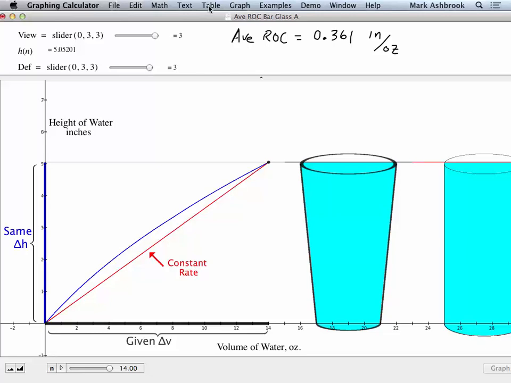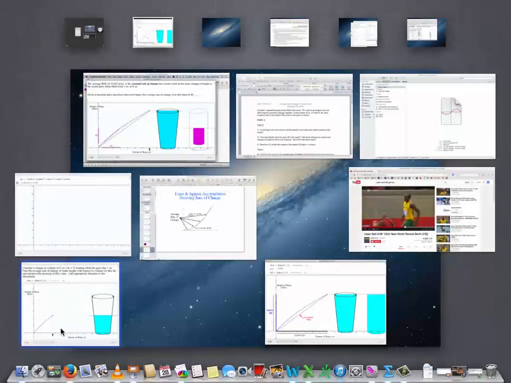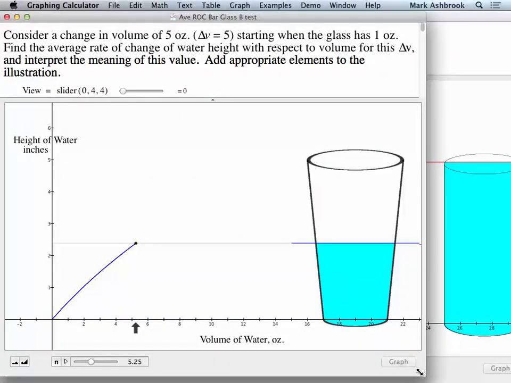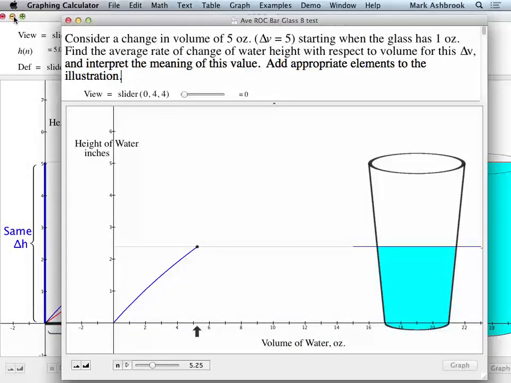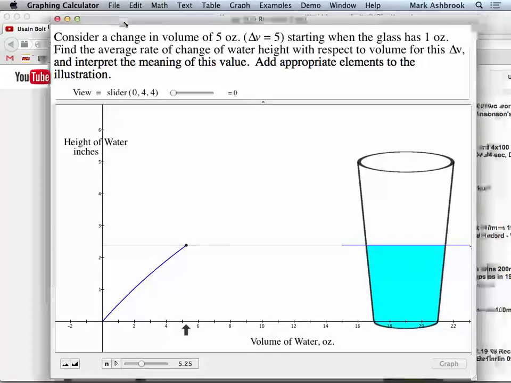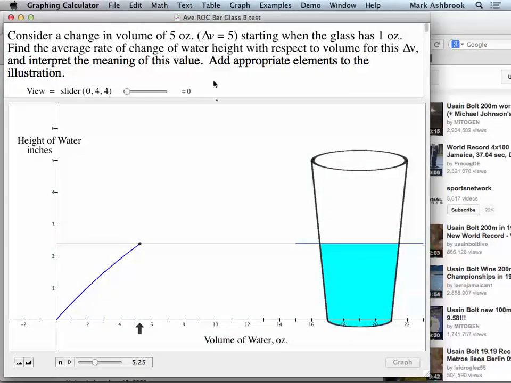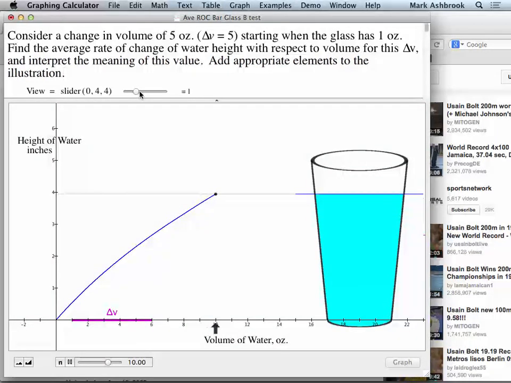Okay, flip it over. Let's try this one. Okay, so now what I'm interested in is, let's go right to view 1 here. I'm interested in a change in volume of 5 ounces starting when the glass has 1 ounce.